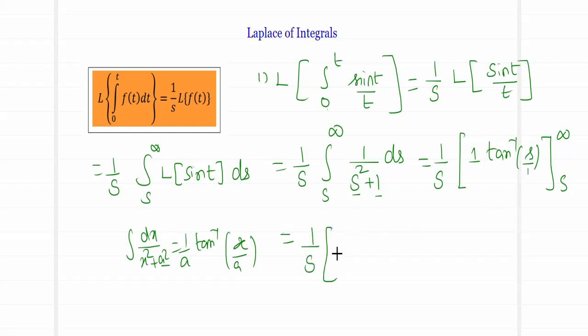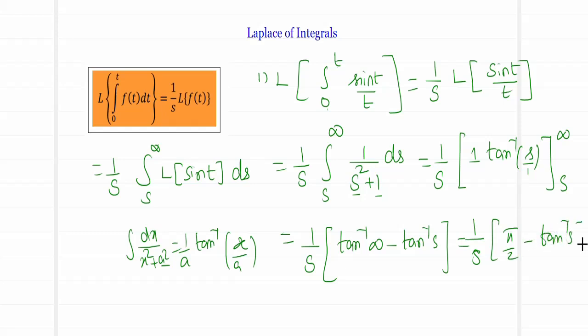Apply the upper limit. It becomes tan inverse infinity minus tan inverse s. What do we know about tan inverse infinity? It is pi by 2, so this is pi by 2 minus tan inverse s. What is 90 minus tan inverse of theta? It will be cot inverse of theta. And what you have outside is 1 by s. So the final answer will be 1 by s cot inverse of s.